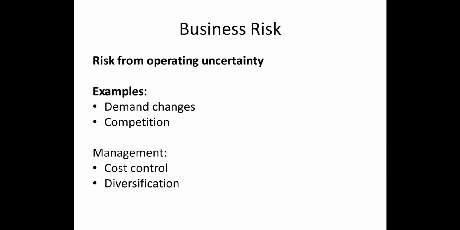Another is personal risk. The risks faced by individuals and families can be classified in a variety of ways. We classify personal risk into six categories: earning risk, medical expenses risk, liability risk, physical asset risk, financial asset risk, and longevity risk.